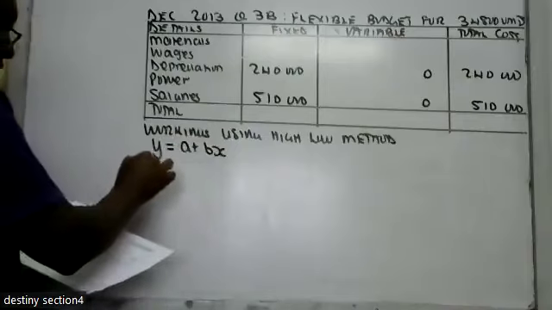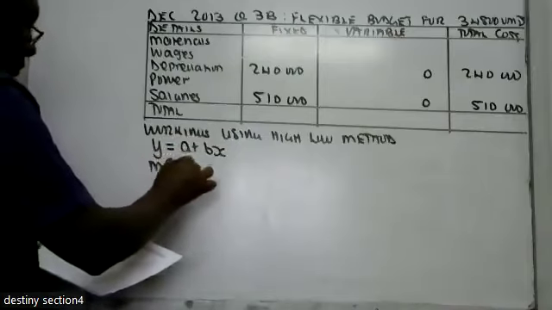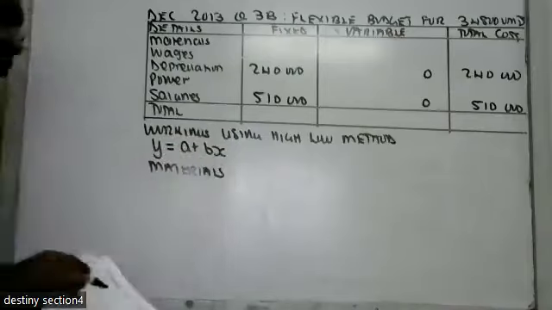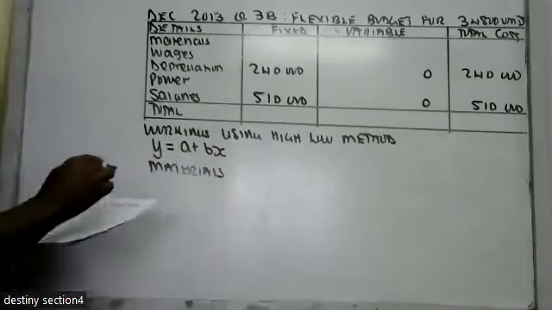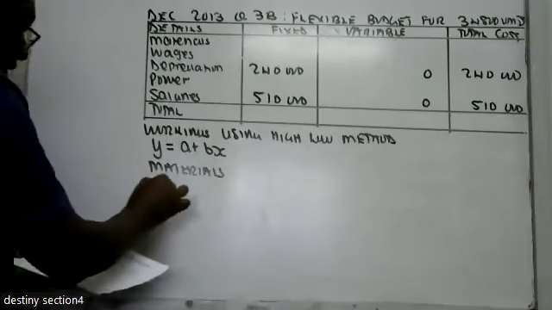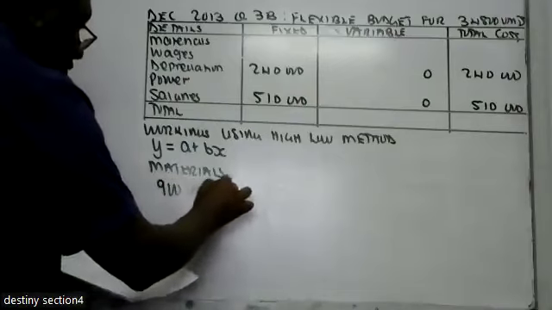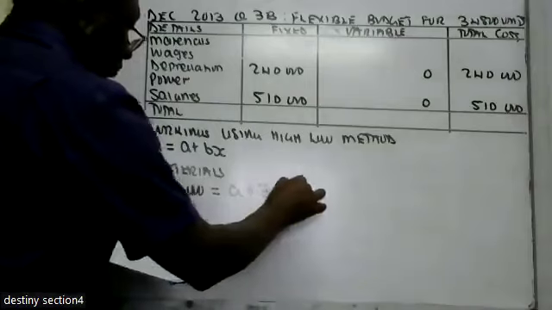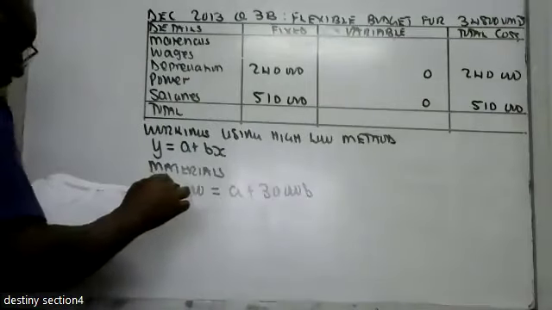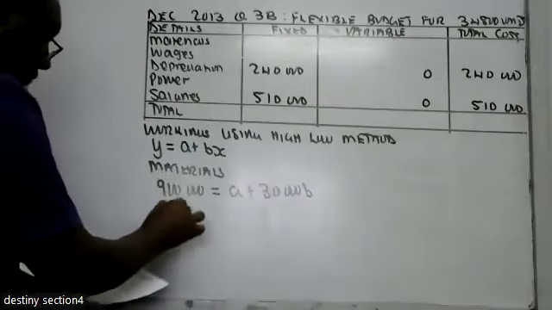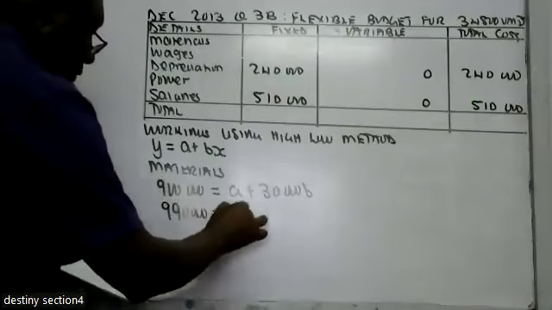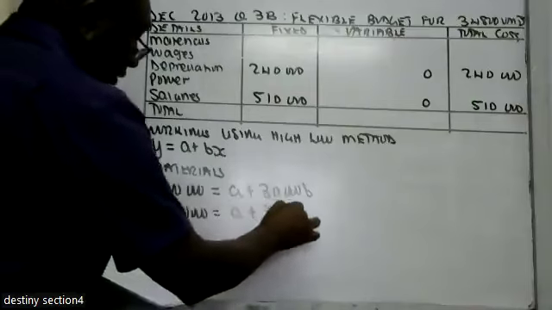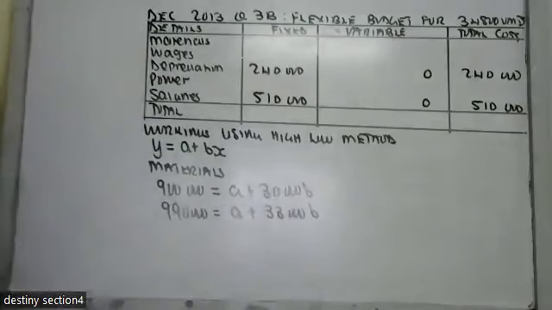So let's start with materials. Utasema 900,000 is equals to a plus 30,000 b. Na huyu mwingine 990,000 is equals to a plus 33,000 b. We just create two equations that way.